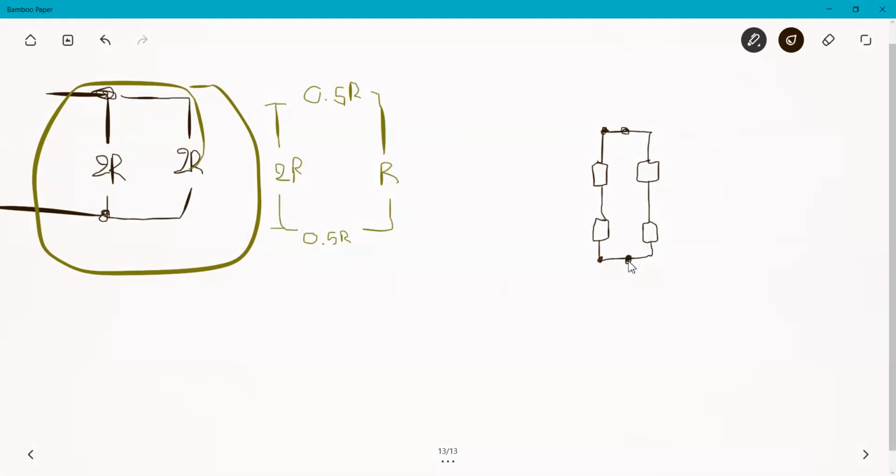So when I add an extra wire like this, it's like letting the wires down, which is equivalent to this. Do you agree with that?